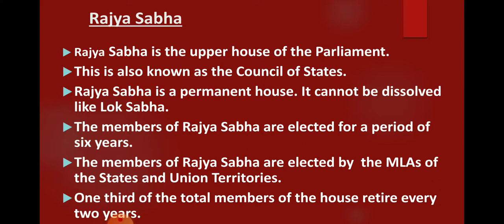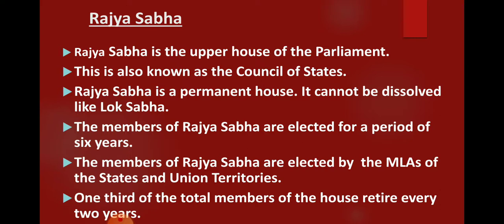In 2022, another 1/3 of the members will get retired and the same number of members will be elected, and they can be in power till 2028. Then after 2 years, in 2024, 1/3 of the members will retire and the same number of members will be elected, and they can be in power till 2030.